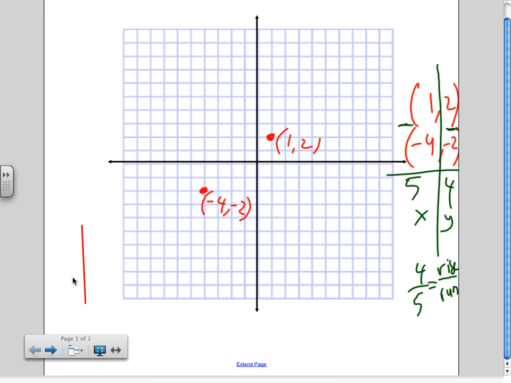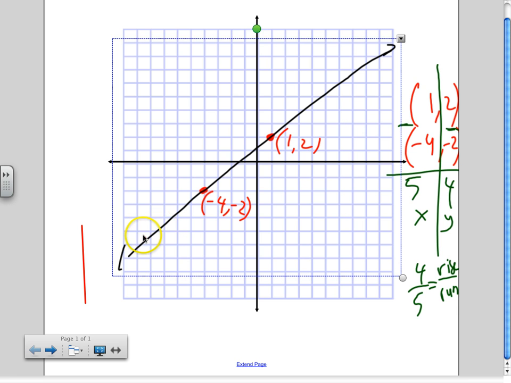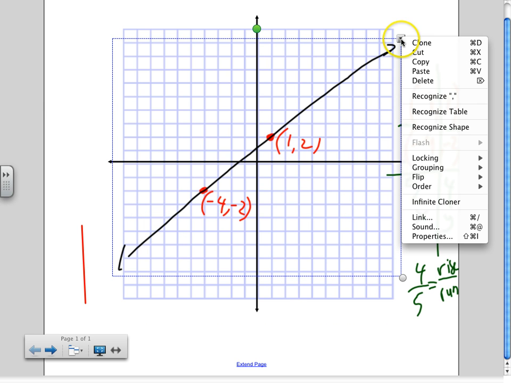Let me connect these 2 points for a minute. I know it's not exactly straight, but I have to make it straight.